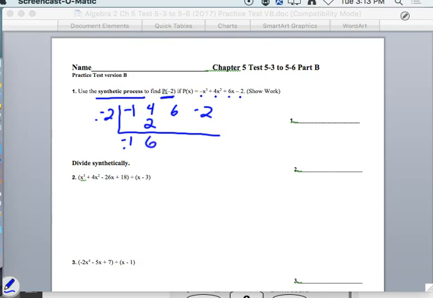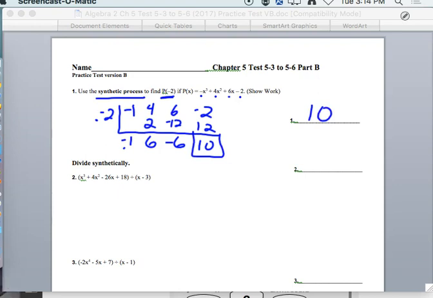Outside the box you multiply by that a value, so 6 times -2 is -12. Inside the box you add, 6 plus -12 is -6. And then we have -6 times -2 again, that will be 12. And -2 plus 12 inside the box is going to be 10. And that last number is what we'll get.